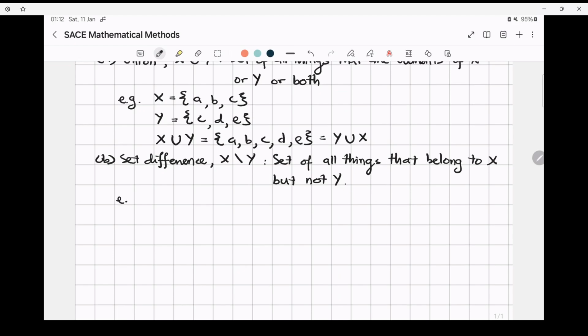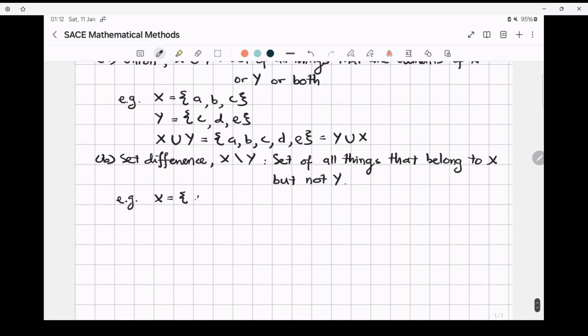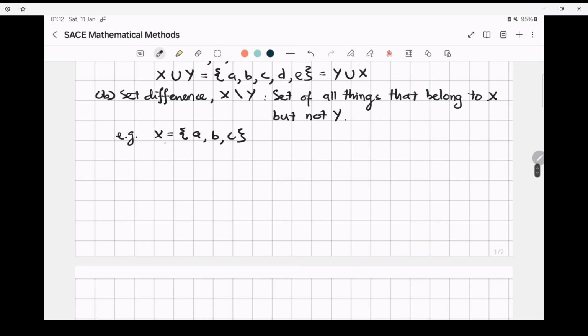If you look at one example, let x have a, b, c, and y have b, d, e, and f.